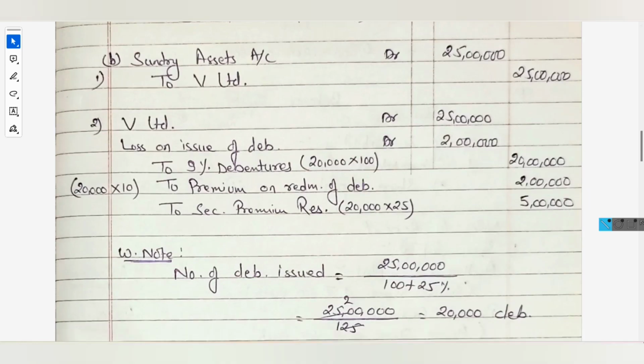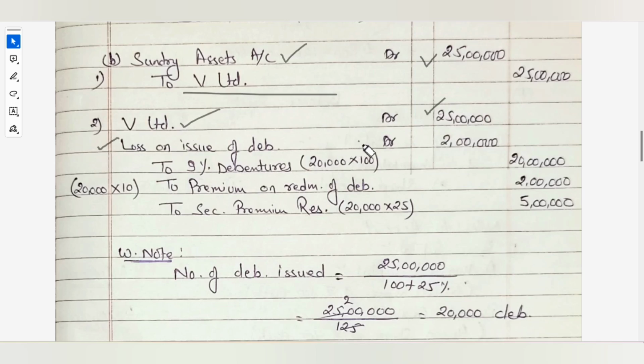The first entry is sundry assets, because it is not specifically written which assets have been purchased. So sundry assets account will be debited to V Limited, that means the seller, and the amount is written as 25 lakh. Now V Limited account debit with the same amount 25 lakh, and as we all know that the debentures are redeemable at a premium, that means loss account will be debited.